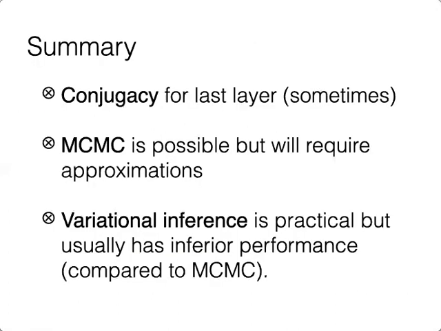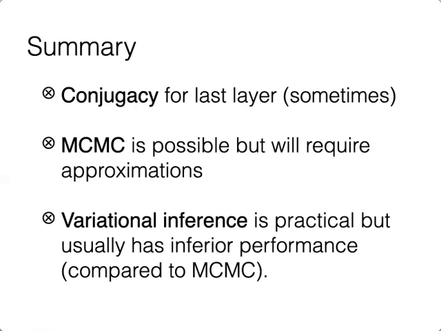Okay, so now I've covered the primary techniques for obtaining the posterior for neural networks. Conjugacy is available at times for the last layer, and so that might be a viable option for you, and one that has less computational overhead than other methods.